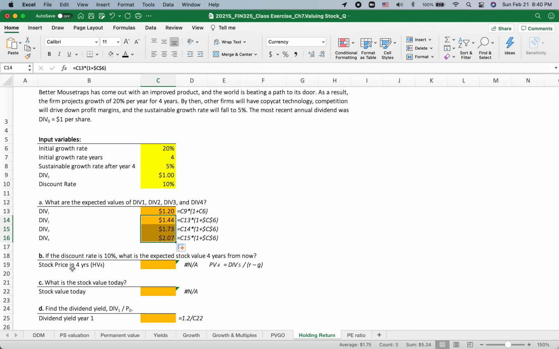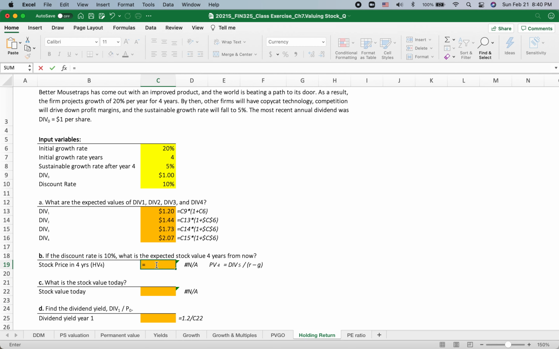Letter B, if the discount rate is 10%, what is the expected stock value 4 years from now? What is this concept? Four years means you don't consider these dividends. Dividend payments are just past information. But for the stock price in 4 years, we want to measure the horizon value or terminal value at the end of year 4. So how do we get it?